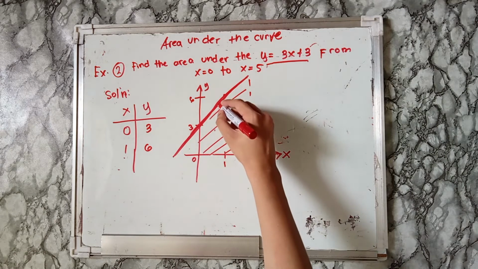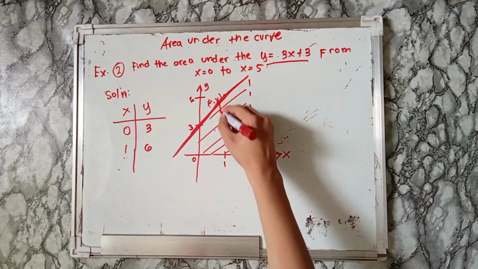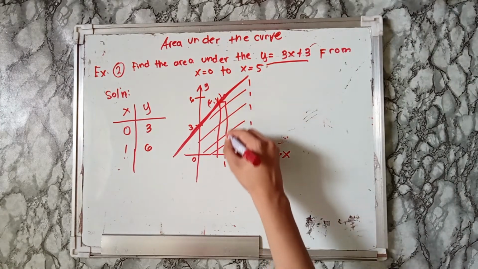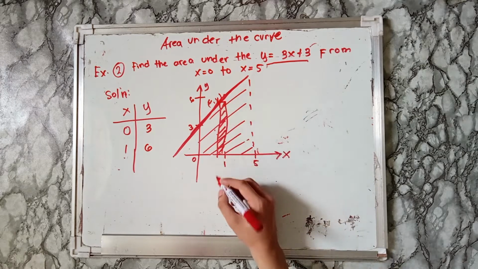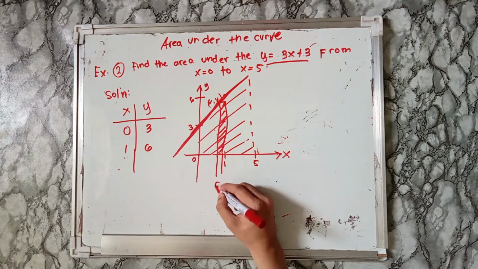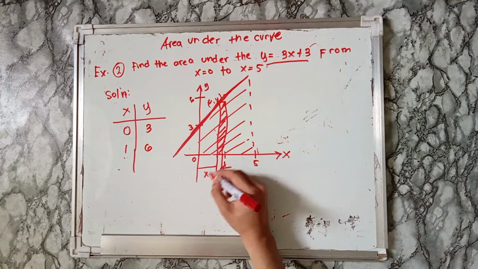Now after that, let's say we have a point here, x and y, and we'll draw a vertical strip. This is our vertical strip label. This is our dx, and this is our x.